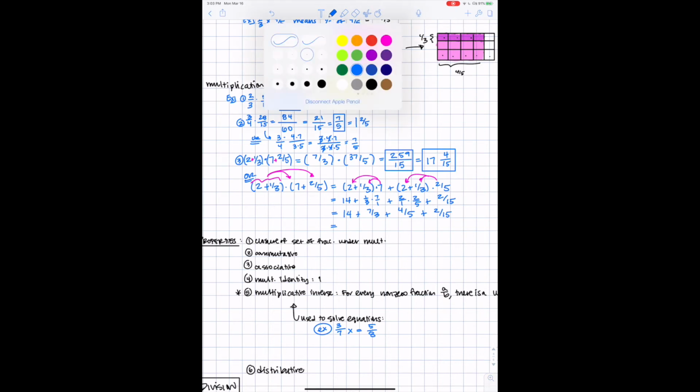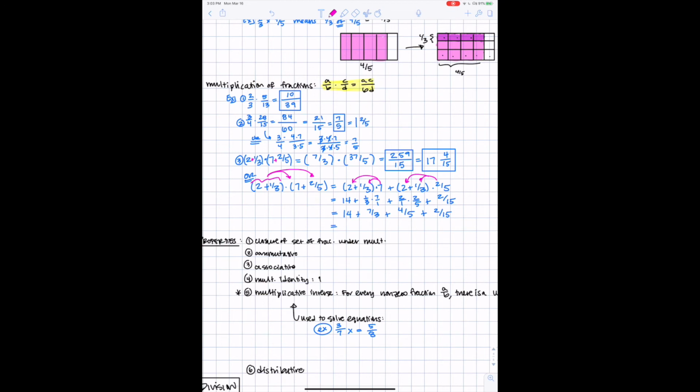And now let's take these three fractions and get a common denominator and combine them. So it looks like my common denominator here will be 15. So this 7 over 3 I'm going to multiply by 5 over 5. So that's 35 over 15.